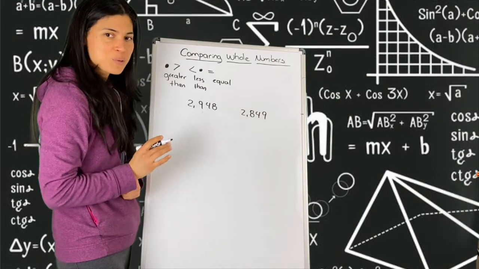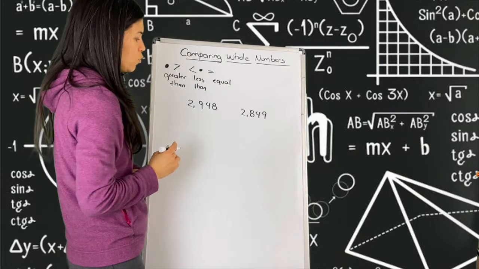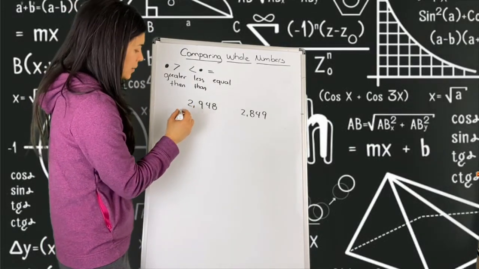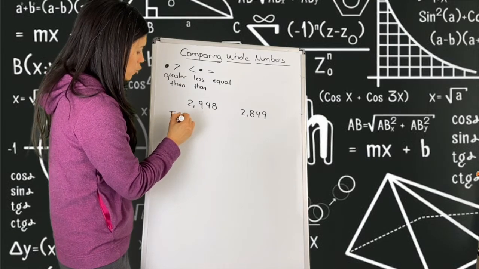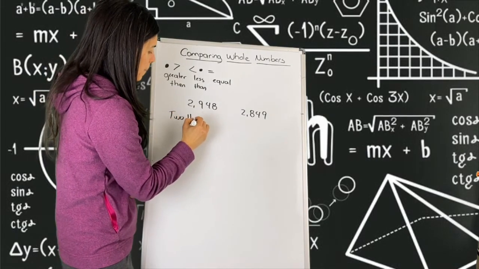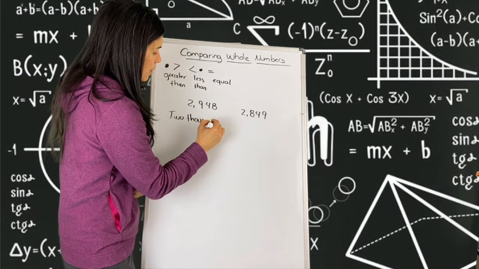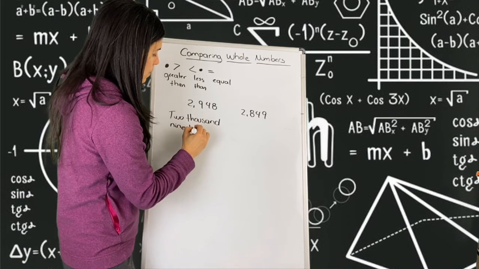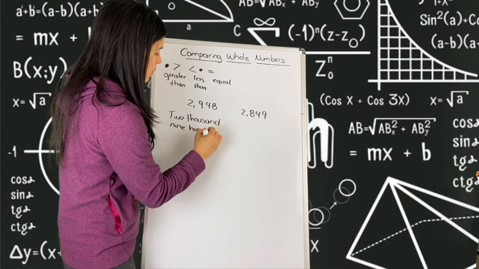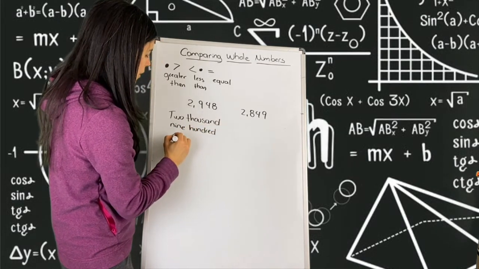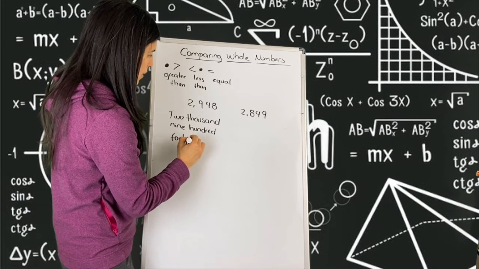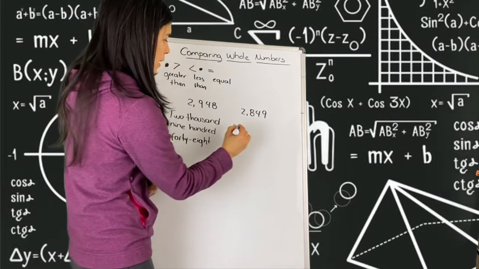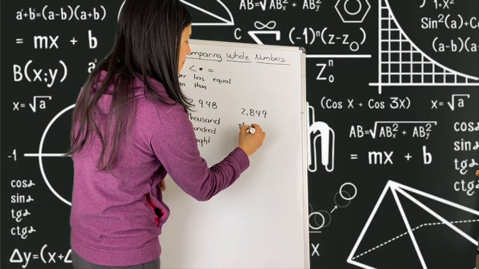There are a few strategies that you can use to compare numbers. One could be writing or saying the number. This number is 2,948, while this other number is also 2,000.